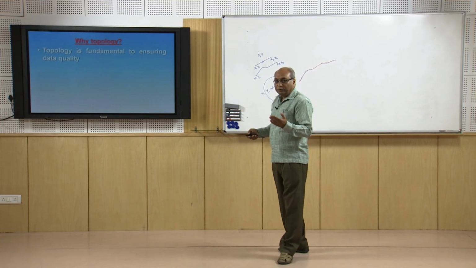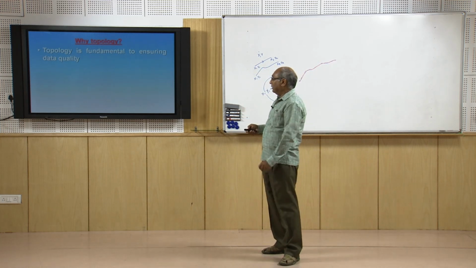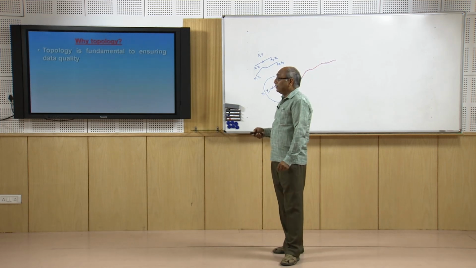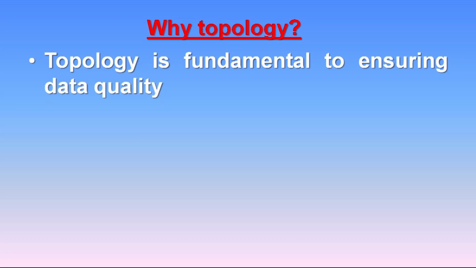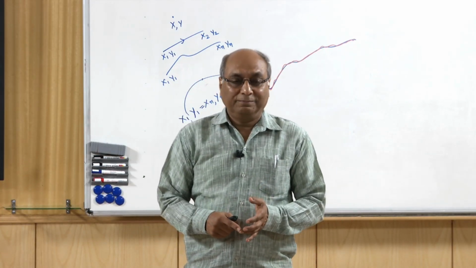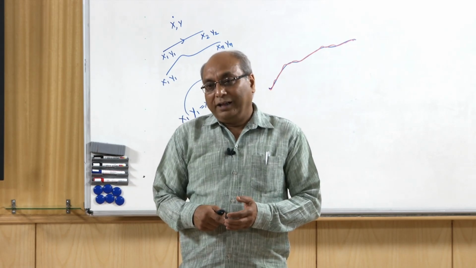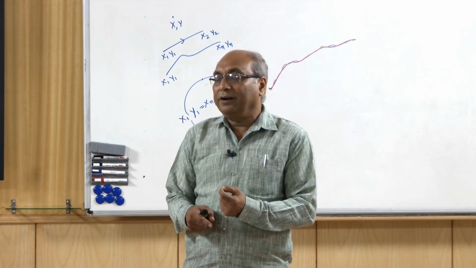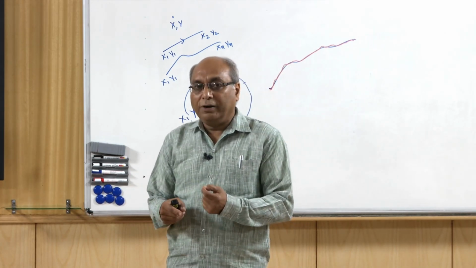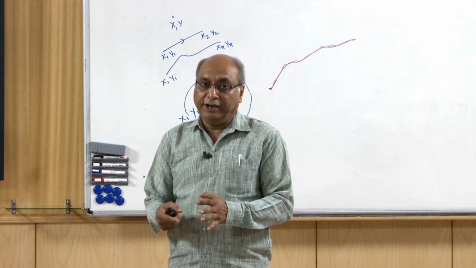So, we have understood, but anyway let us go into more detail about why topology. Topology is fundamental to ensuring data quality. That is the most important, because remember one thing in GIS: error propagates in GIS. GIS cannot remove errors by itself. This is one of the very fundamental things which one has to remember, that GIS cannot make your maps accurate if they already have inbuilt or inherent errors.